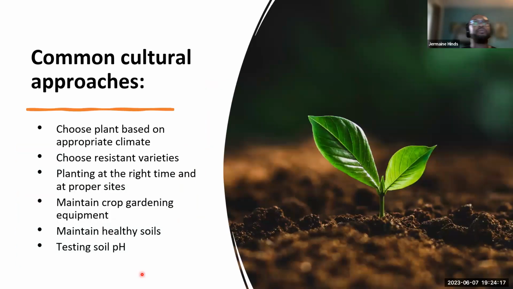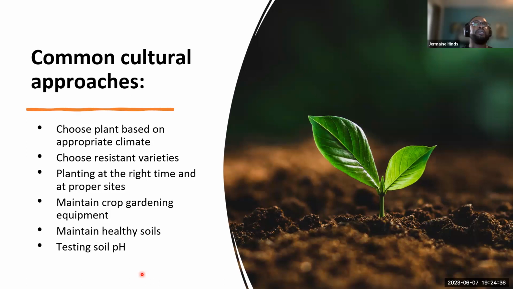Some of these common approaches to cultural management include choosing your plant based on the appropriate climate. Every plant has a growing guide that says the growing zones, or proper watering conditions or sunlight and things like that.